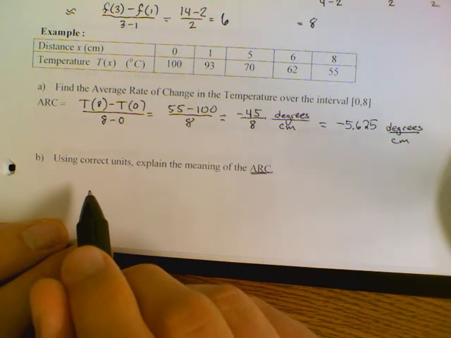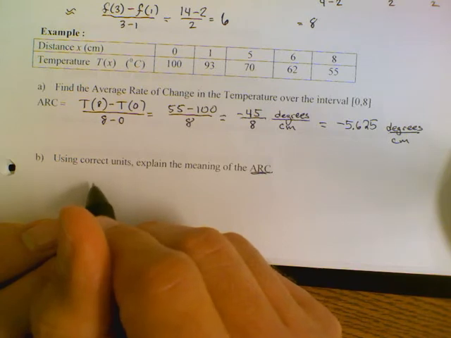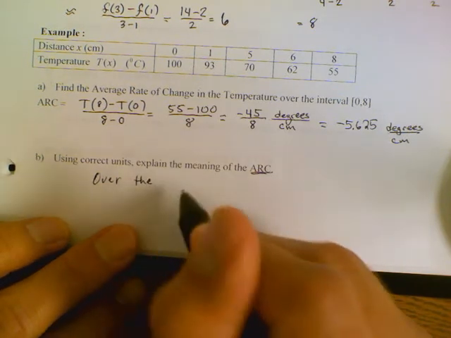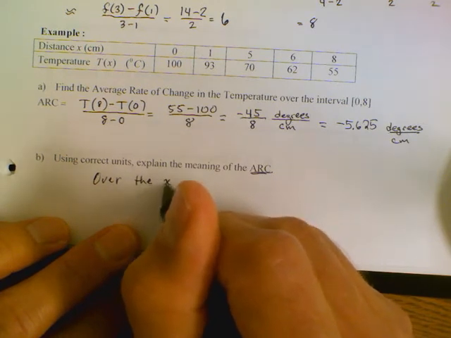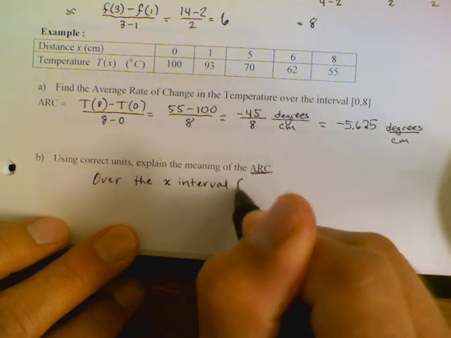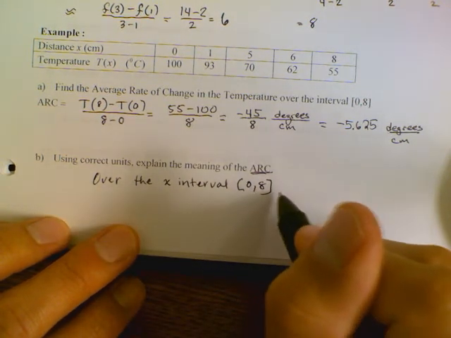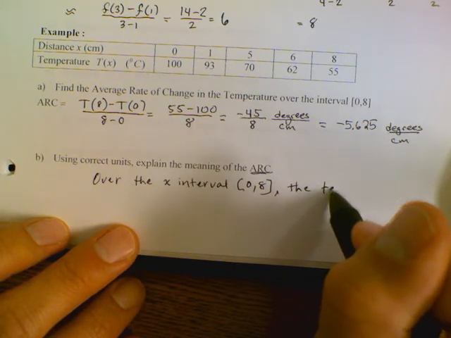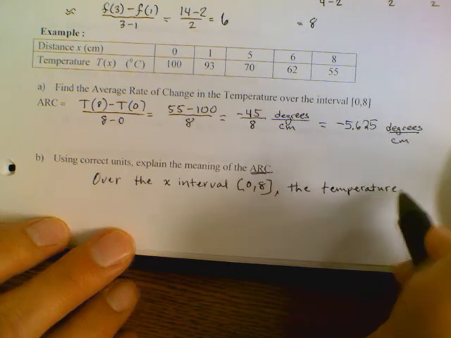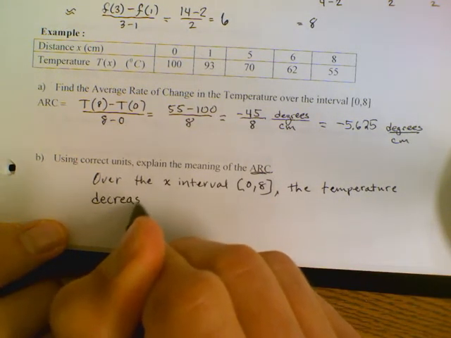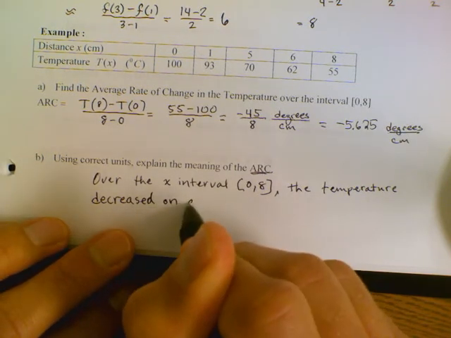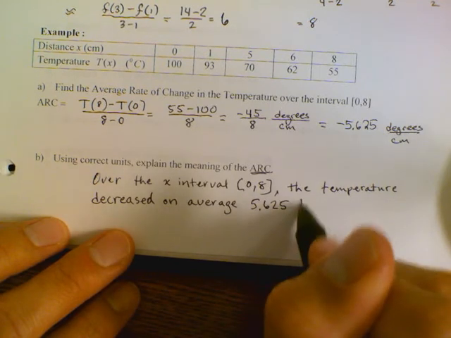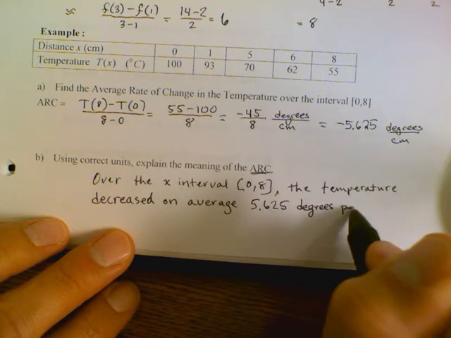Okay, so explain the meaning of the average rate of change. This just means that over the time interval, or I'm sorry, the x interval, over the x interval 0 to 8, the temperature decreased on average 5.625 degrees per centimeter.